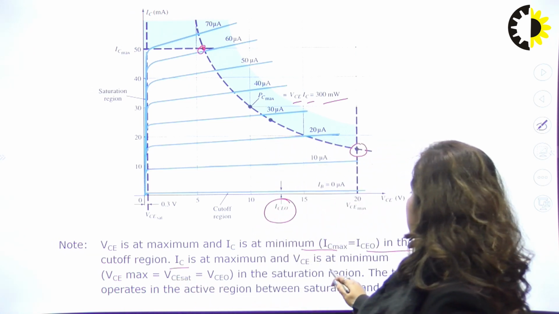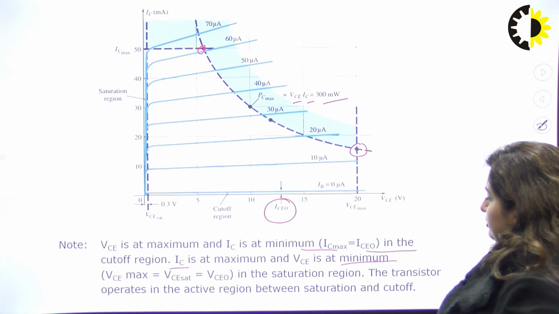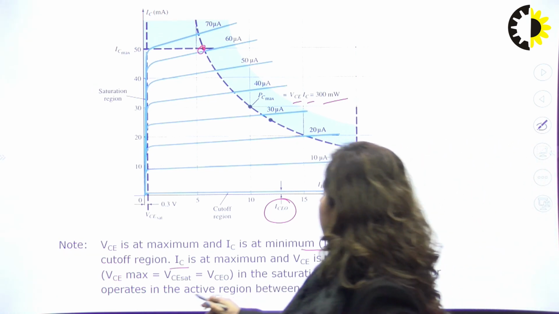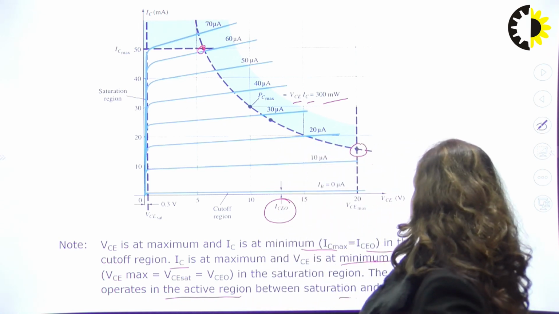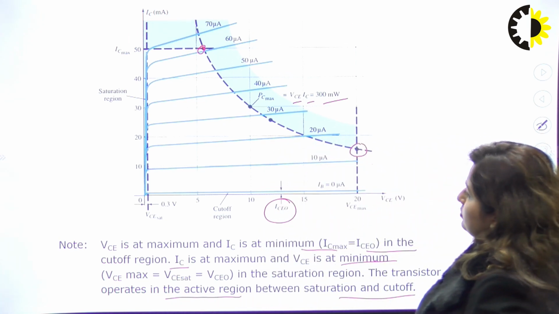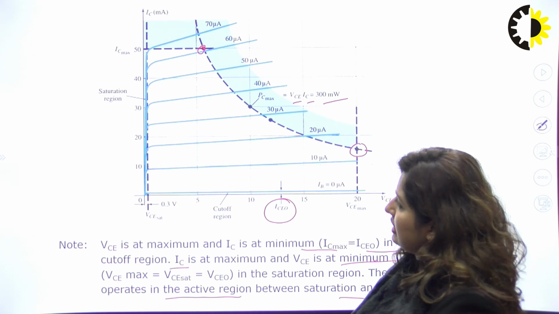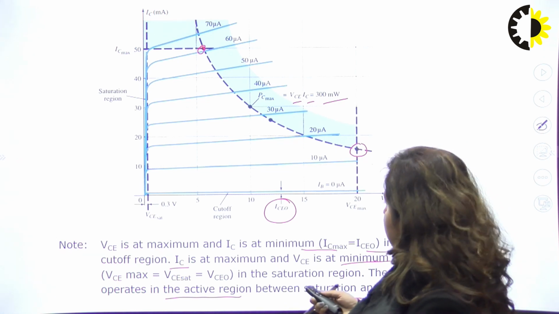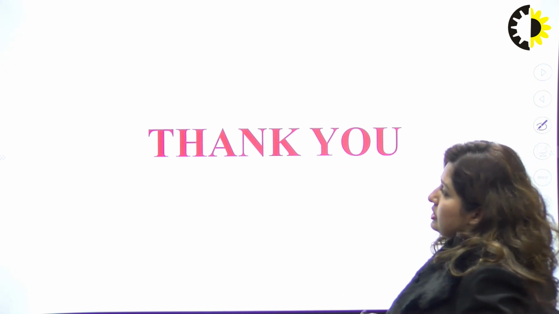IC is at maximum and VCE is at minimum in the saturation region. The transistor operates in the active region between the saturation and the cutoff. So between the saturation and the cutoff, it will act in the active region, or we can use it as an amplifier here.